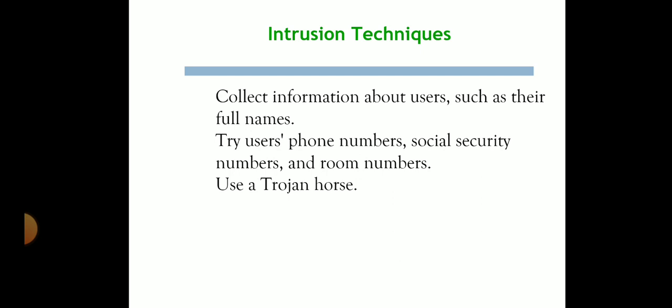So if we get the personal information, we can easily guess the password. Another possibility is that most of us use our phone numbers as passwords, or room numbers or key numbers. These are personal information, so if we collect all this information, we can easily guess the passwords.